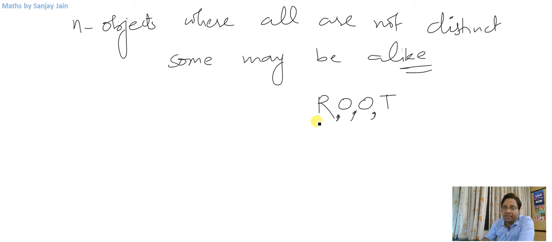If I say arrange the letters of the word root in a row, and you say 4 factorial is your answer, as you have been saying with the distinct objects when all of them were distinct, then you would have said that it is equal to 4 factorial. If, let us say, there was O1 and O2 in place of OO. Let me write it more clearly.